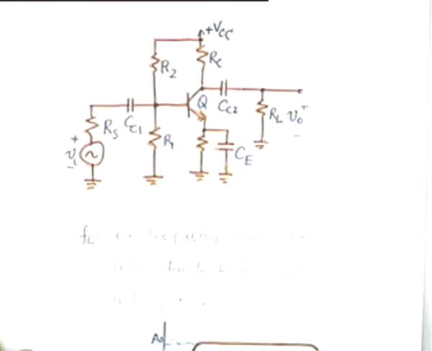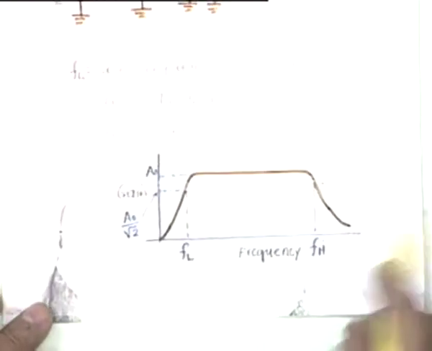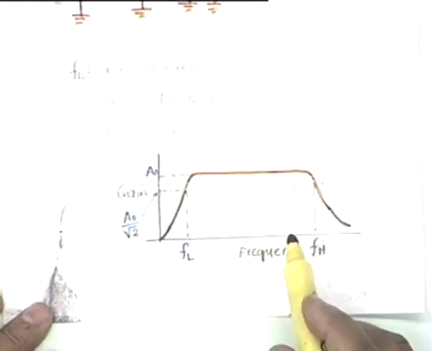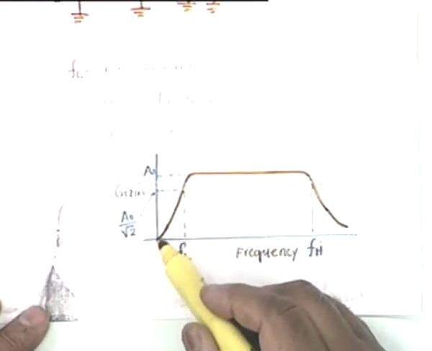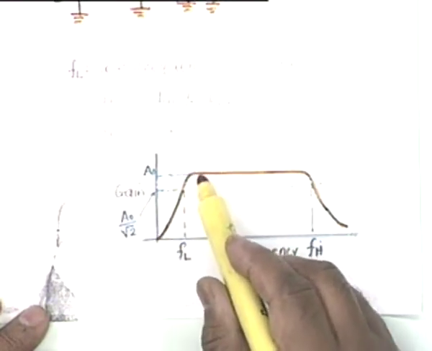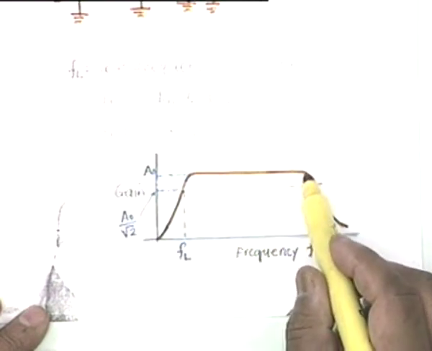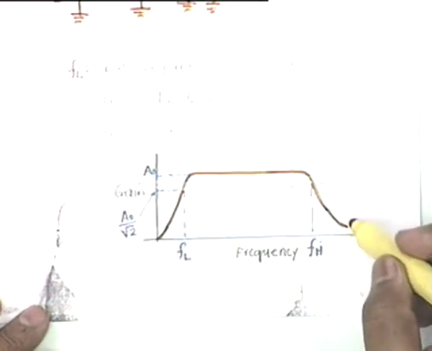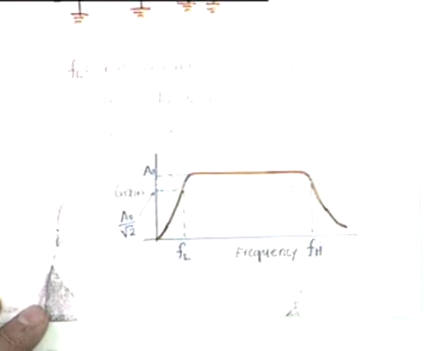All right. The effect of this is that the low frequency response, can you see this on the screen? The low frequency response, the DC response is 0, and then it rises to a certain value. It remains almost flat over a certain band of frequencies and then falls down again. The high frequency fall is due to the internal capacitances of the transistors. Okay.